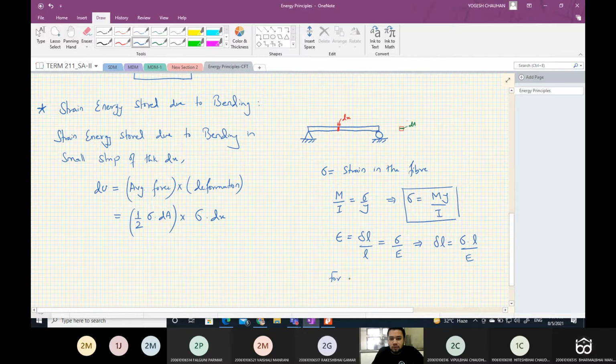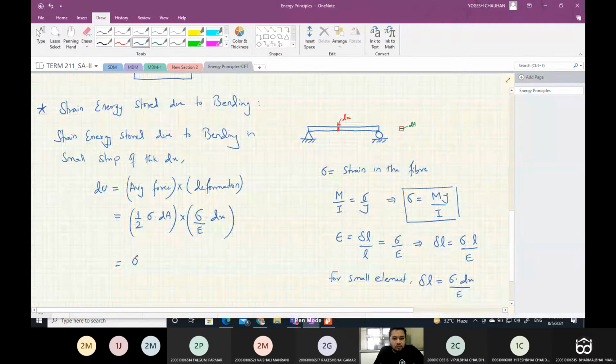So for small element delta L will be equal to sigma times dx by E. So same we are replacing here, sigma by E times dx. Now we can replace this sigma, equals to 1 by 2 E.